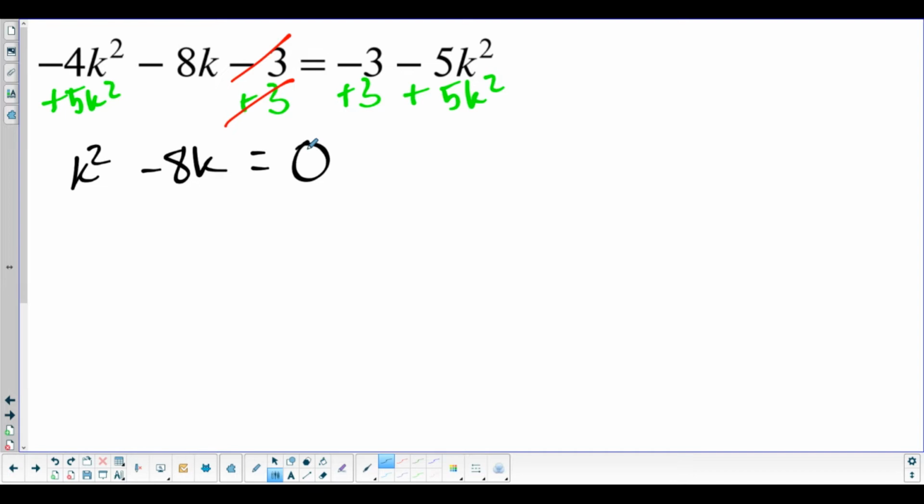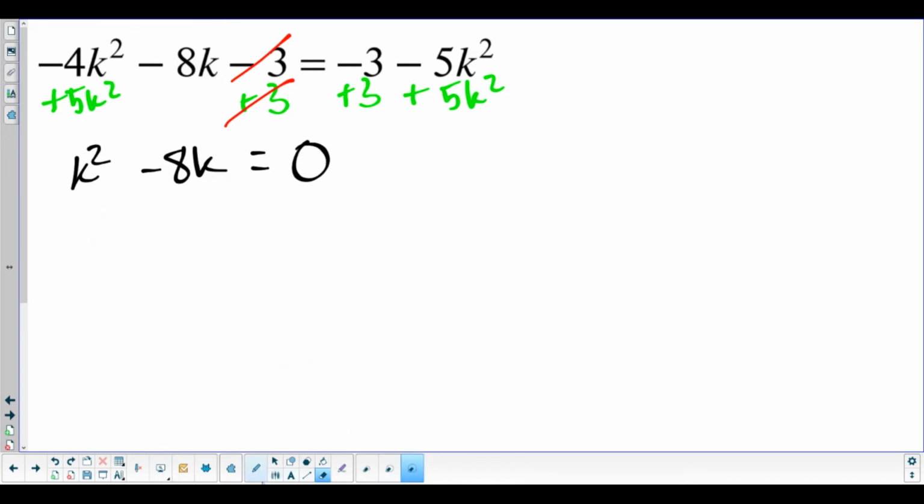Well, here's the trick. This is not really like a factor problem. Once you're here, you can solve it by noticing that each of these terms has a variable in it, which means that you can factor out a k, right?